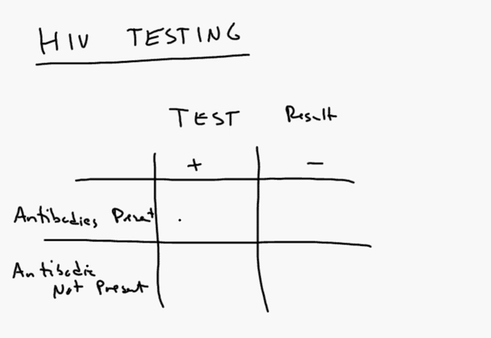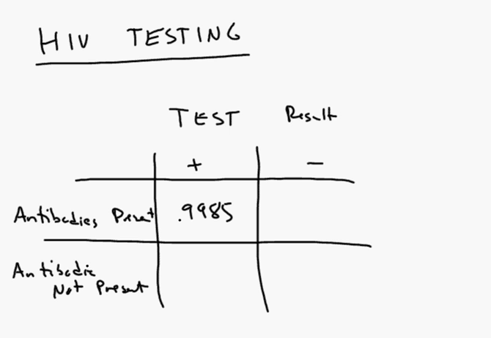Okay. So let's talk about this number right here, 0.9985. What is that telling us? That is telling us that if someone comes in and they have the antibodies in the blood, which means they've been exposed to the HIV virus, this test is 99.85% likely to come back positive.